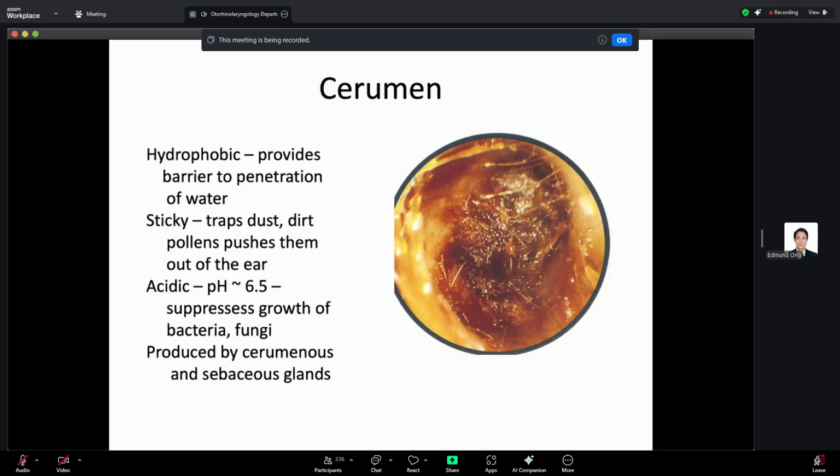It is produced by ceruminous and sebaceous glands. So there is some benefit in having some earwax. Wag lang masyadong impacted na sobrang dami that it causes hearing loss. It's okay to have minimal earwax because again, these are the benefits of having cerumen in your ear. Next slide.